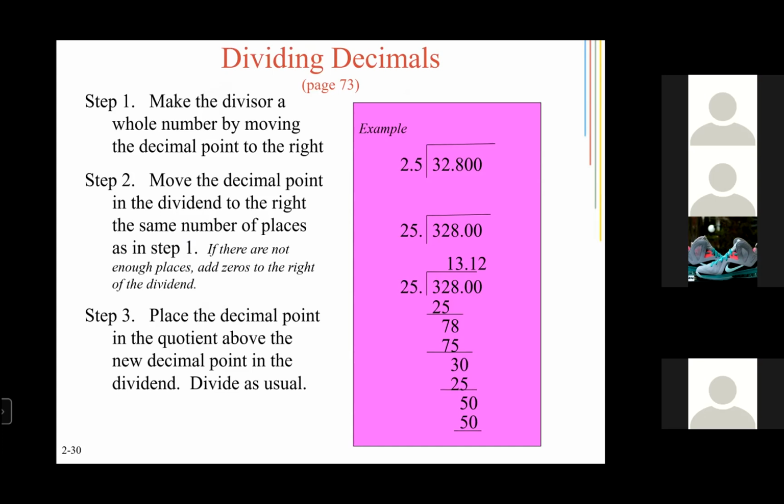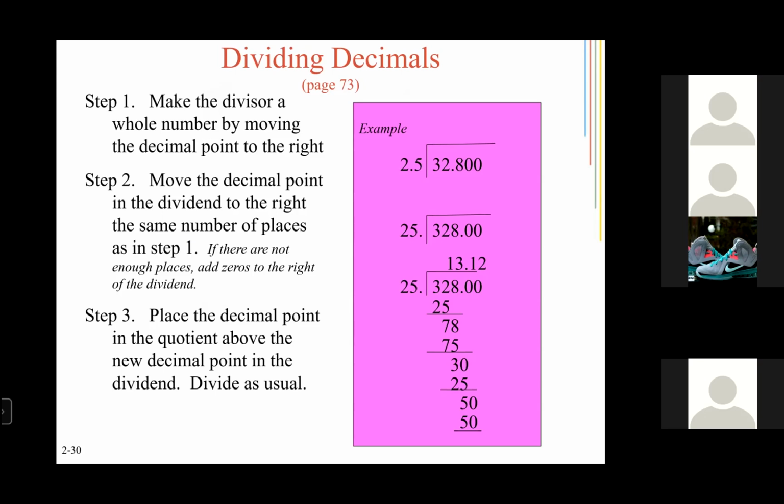25. Okay. The reason we try to make the divisor into a whole number is because it's easier to use a whole number to divide. When you try to divide by a decimal, how many times does 2.5 go into 32? It's not so easy to figure out.